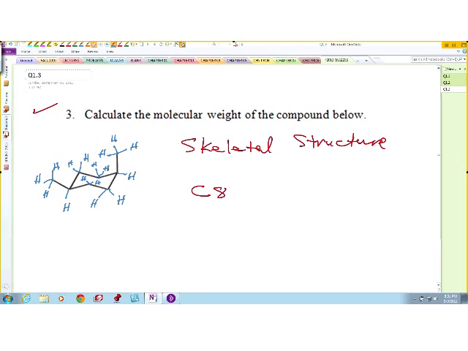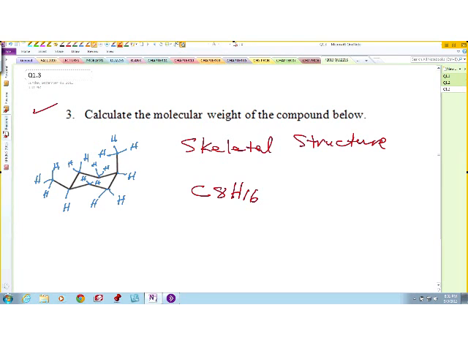So we have 16 hydrogen atoms. Therefore, the complete formula for this will be C8H16. So what will be the molecular weight of this compound?